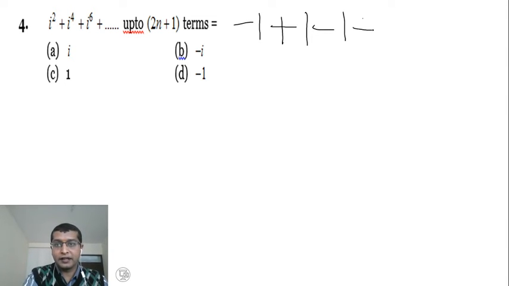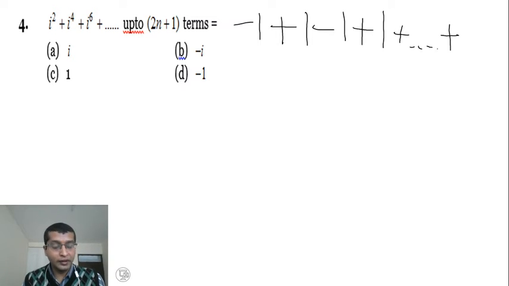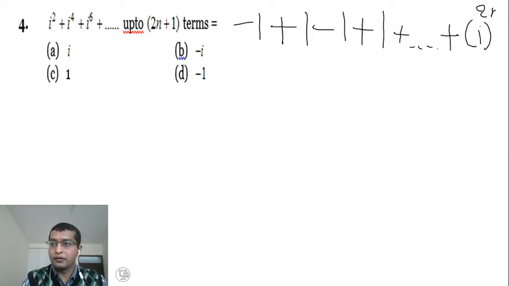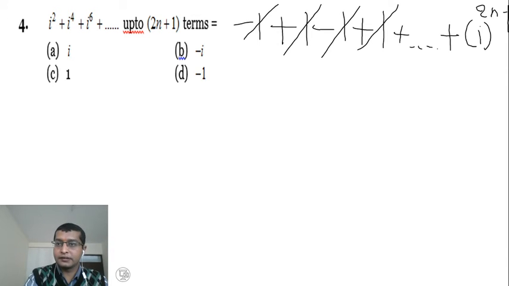Next we get plus 1. Here it is said up to 2n plus 1 terms, so the last is minus 1, or we write i raised to 2n minus 1. Then plus 1 minus 1, minus 1 plus 1 get cancelled.